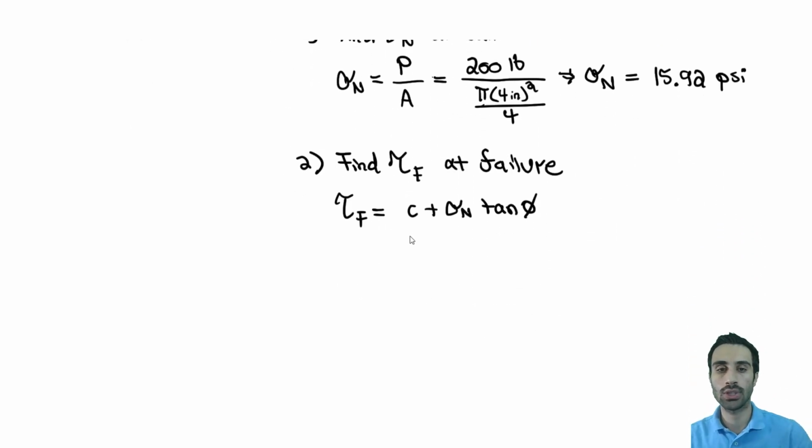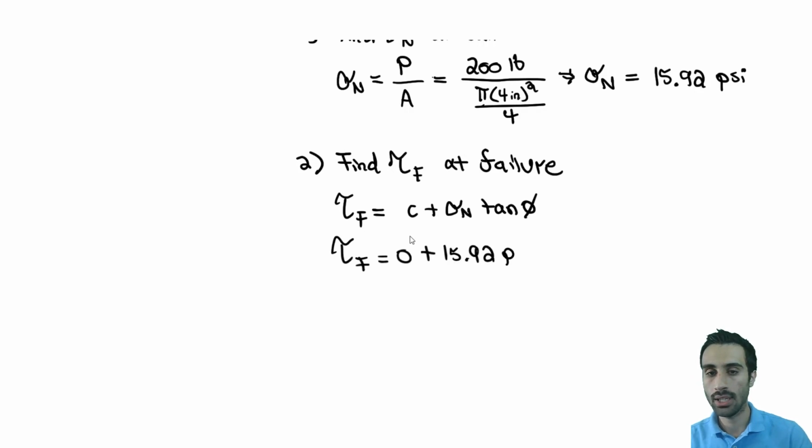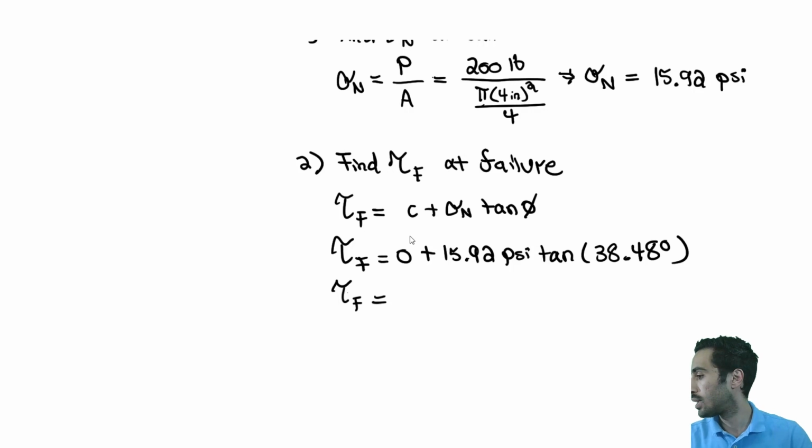So that's what we put for C. Tau F is going to be 0 plus sigma n, which we found to be 15.92 psi, pounds per square inch, times tan of the angle, 38.48 degrees. That looks good. Tau F, I got 12.65 psi.